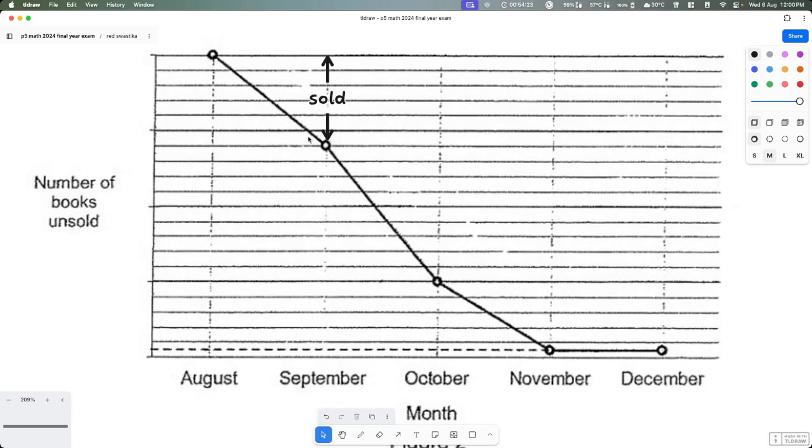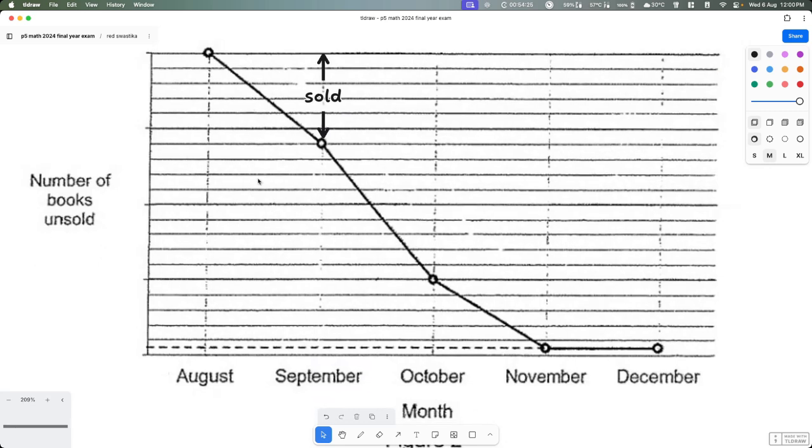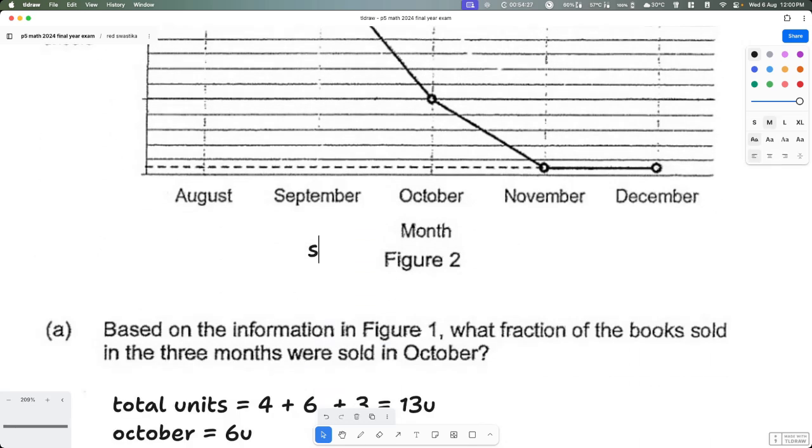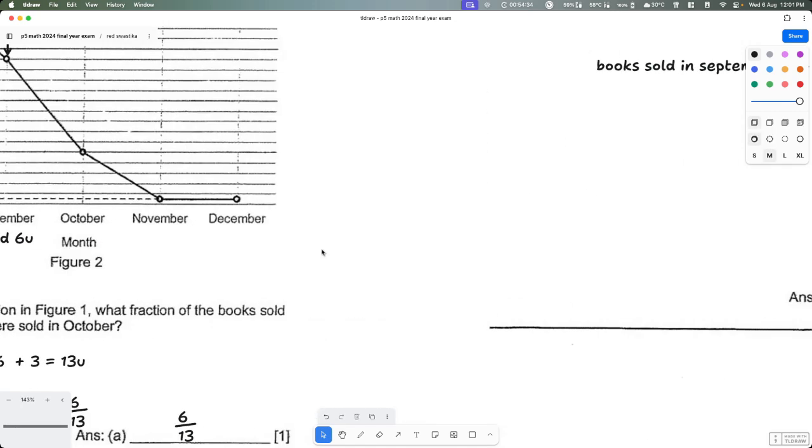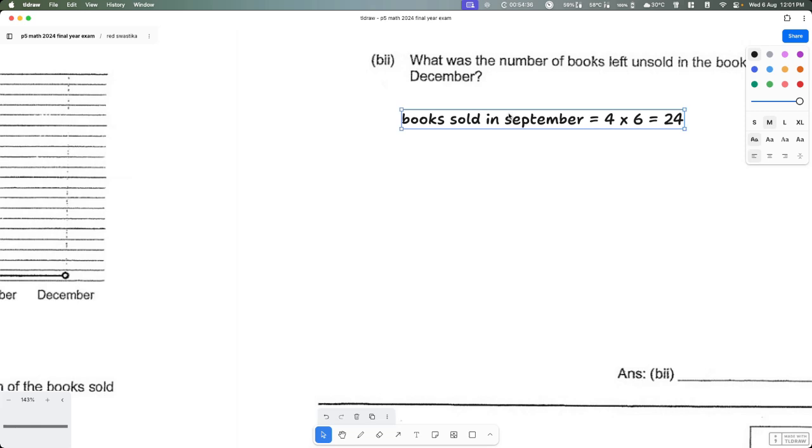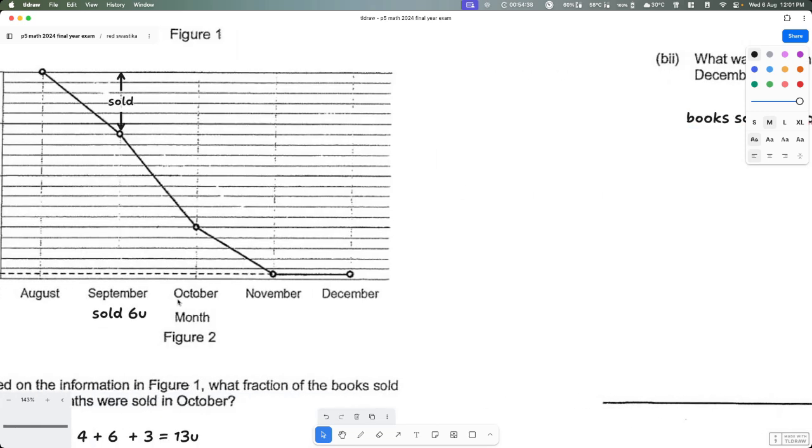So we sold 6 units in September, and we also know that books sold in September is 24. So I'll put not units but parts, 6p or 6 parts.